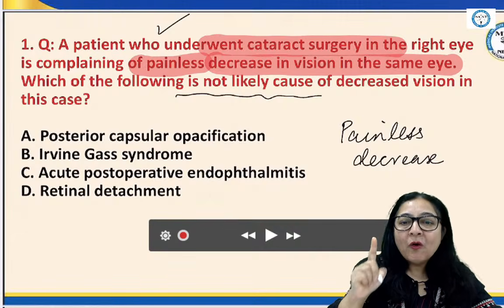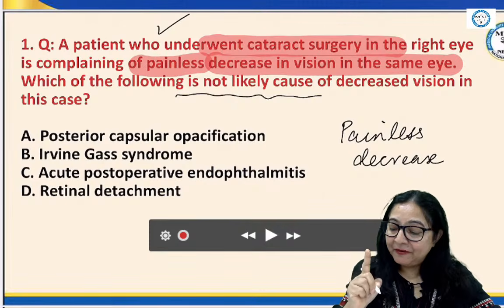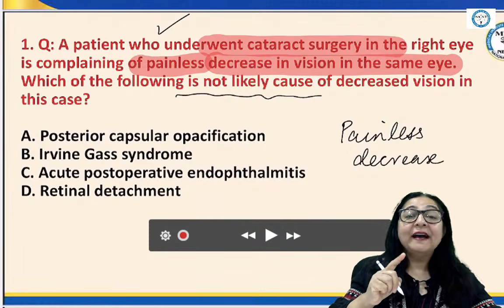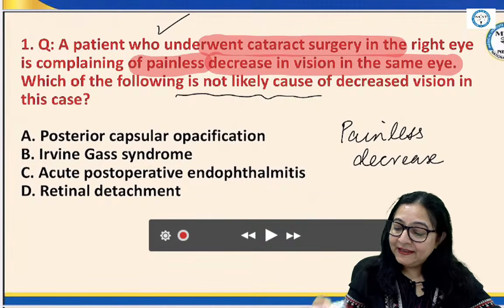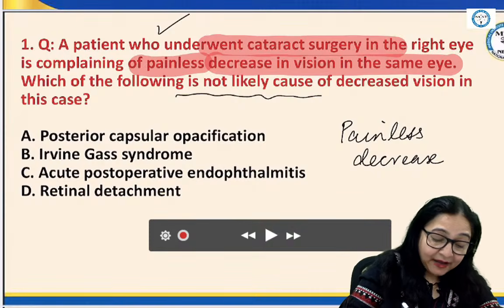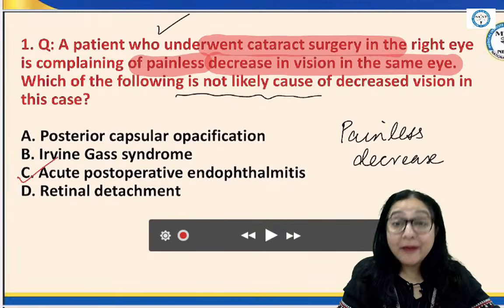Pain is always associated when there is inflammation in the eye, beta. So when there is inflammation in the eye, there will be painful decrease, and as some of you have already marked the clear answer, the answer in this case is, beta, acute postoperative endophthalmitis.